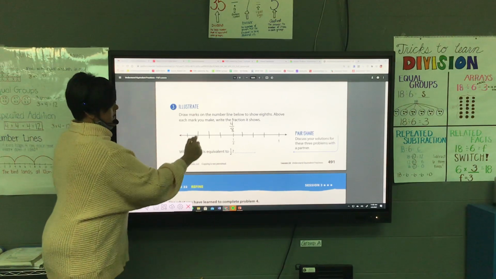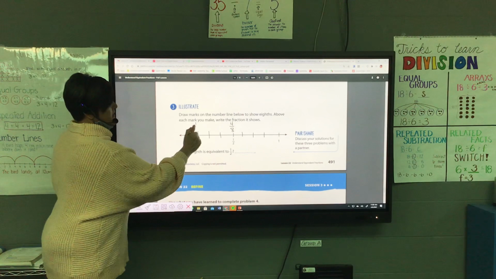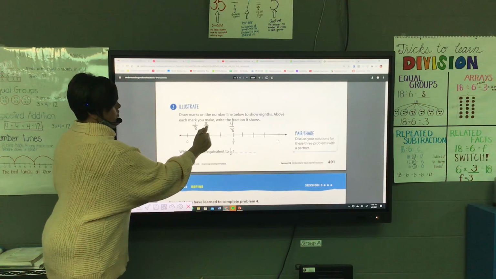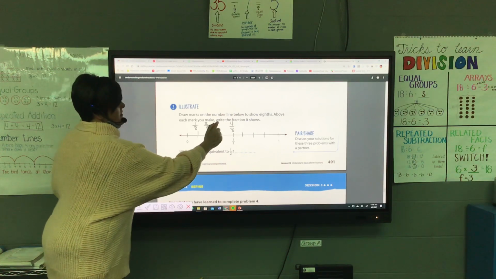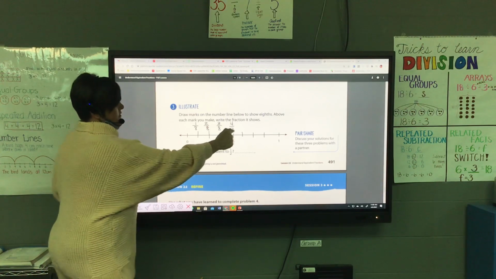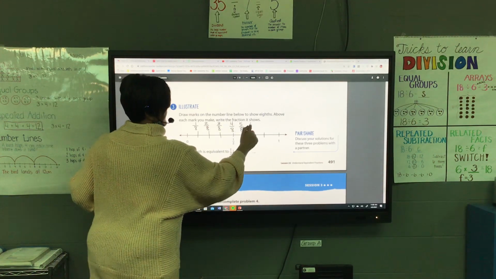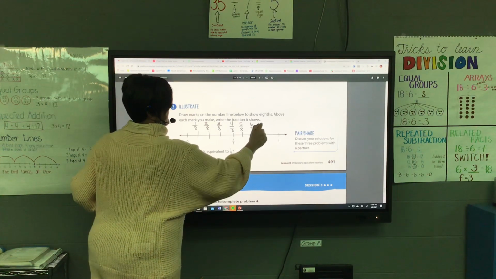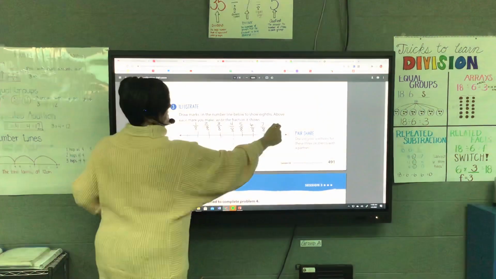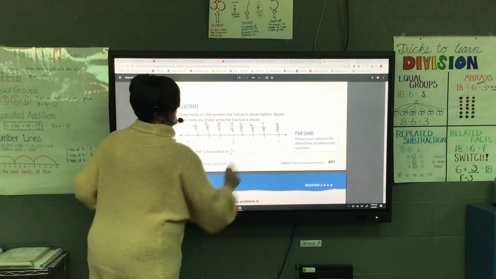So what's this fraction going to be? 1 what? 8. What's our next one? 2/8. Then 3/8. Then 4/8 next. 5/8. After that, 6/8. The next one, 7/8. And then what would this last fraction be? 8/8.